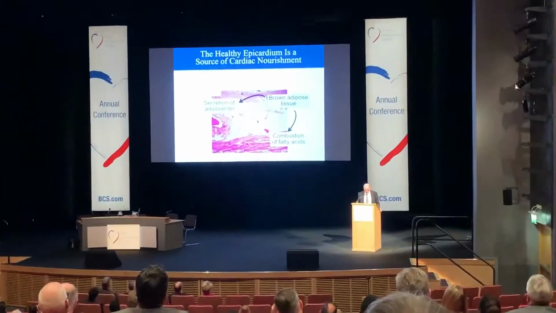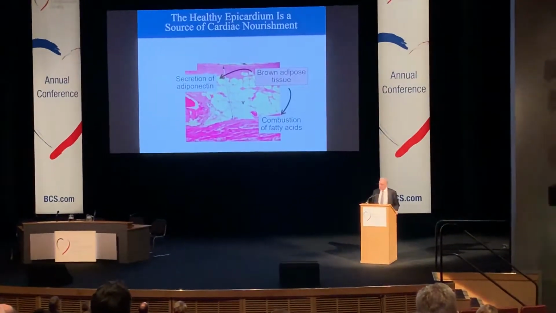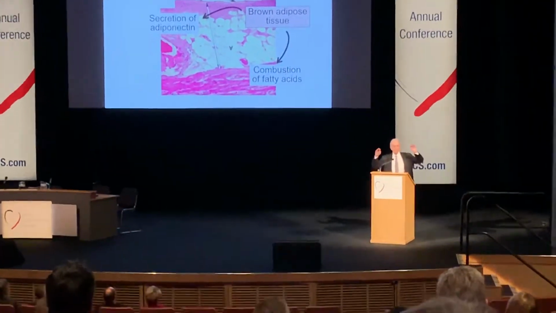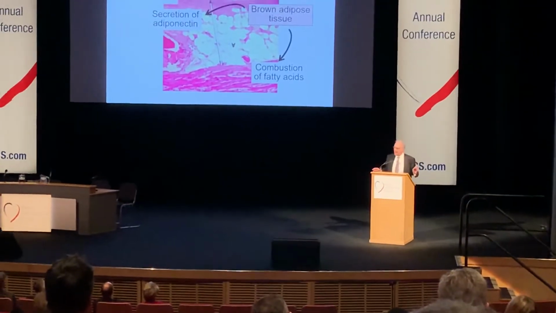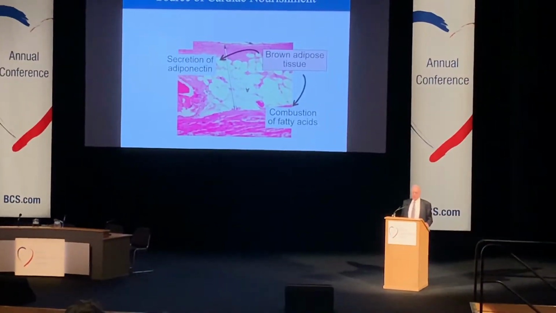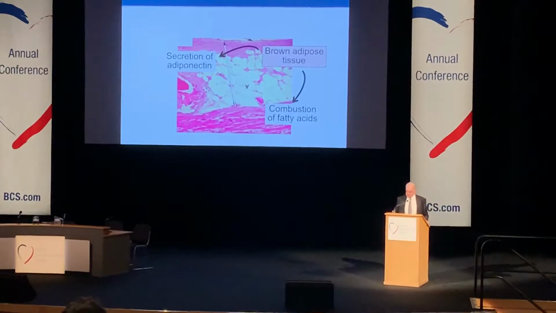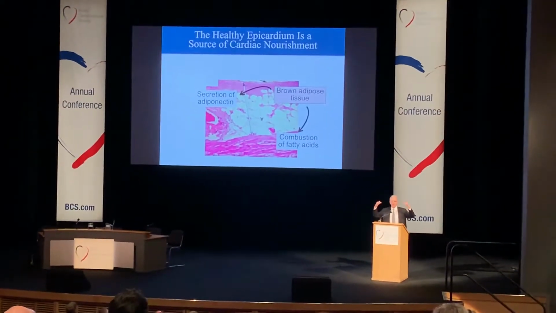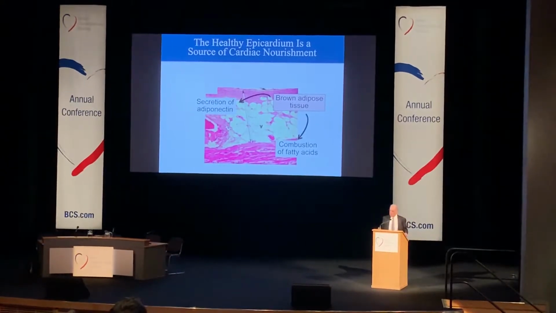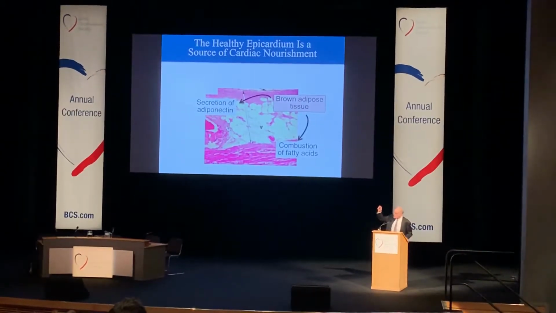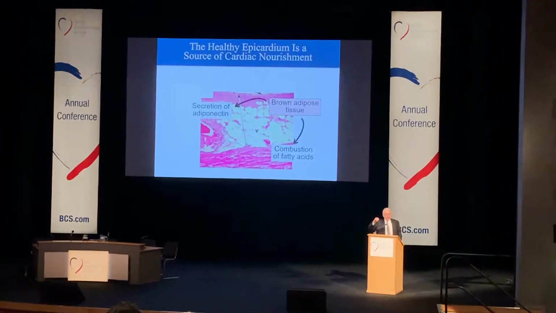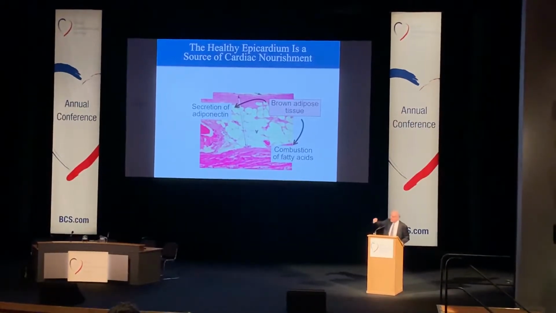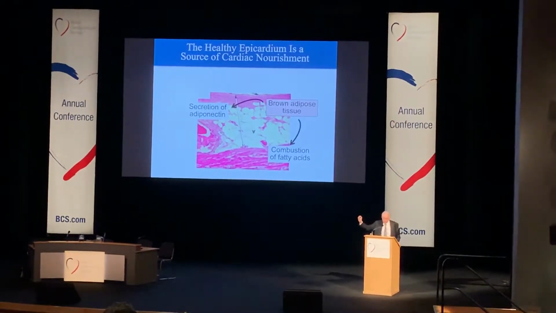Whatever is left of the epicardium after fetal development has some of the features of brown adipose tissue. It secretes adiponectin, it combusts fatty acids, it nourishes the underlying myocardium. Remember, when you look at the epicardium and you look at the myocardium, there's no separation between the two.